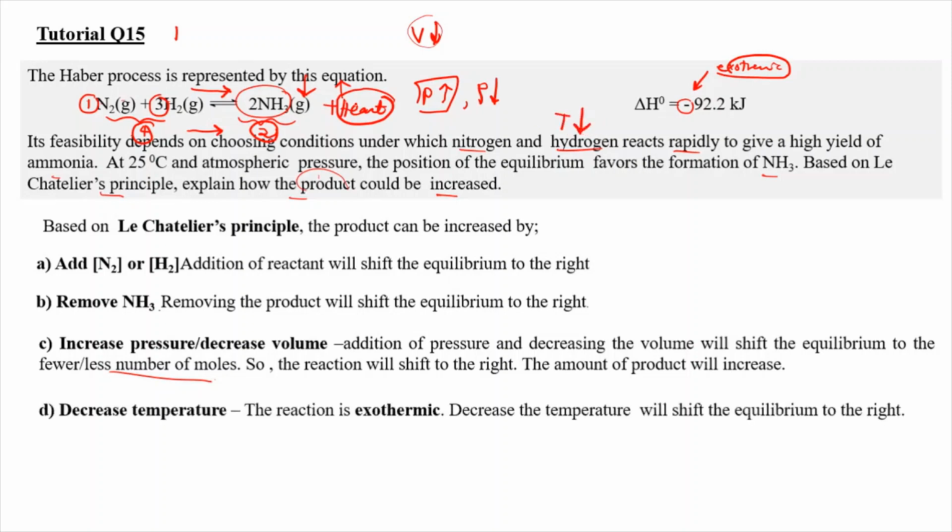When we reduce the temperature, it means that we're reducing the heat. As a result, we need to increase the heat back by shifting the reaction to the right. So when the heat increases, at the same time, the ammonia will increase as well. So this is how we answer tutorial question 15.